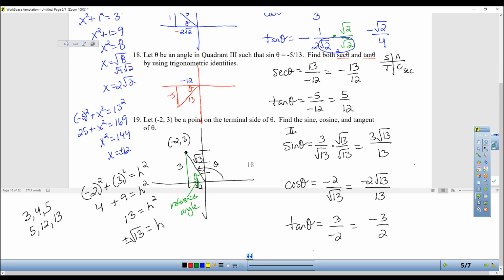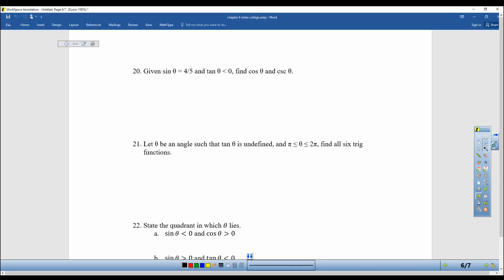Number 20. Given that sine is equal to 4 over 5, so I could start to draw the triangle right away. This is acceptable to me. Opposite over hypotenuse. Hopefully you recognize that this is a 3. But then I've just assumed, or I've just drawn it in quadrant 1. But then I read that tangent is negative.